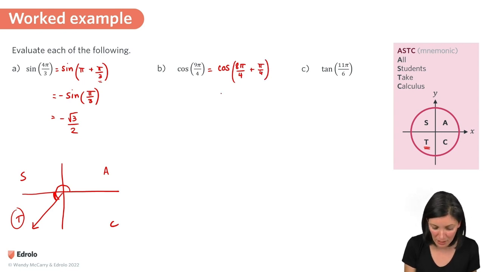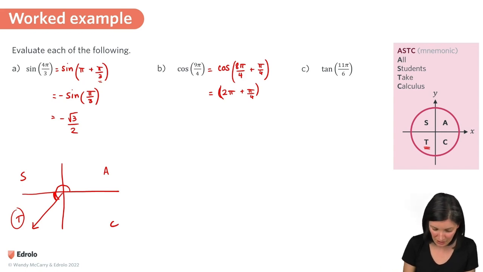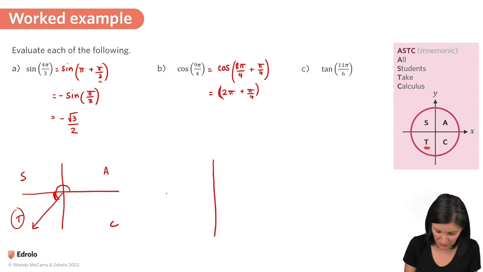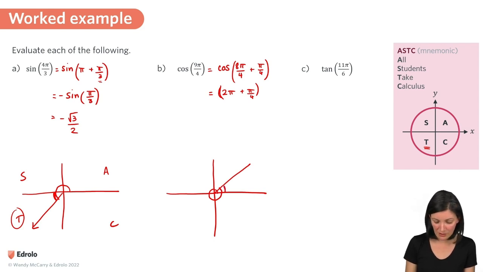And I know 8 pi on 4 is 2 pi. I can do that to work out which quadrant my angle is in. We practiced that in the last lesson. So if I have a look here, 2 pi plus pi on 4 would be here, 2 pi plus another pi on 4. So my reference angle here is pi on 4.